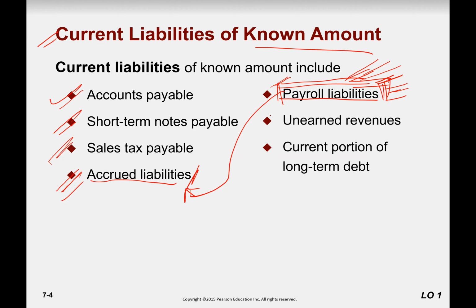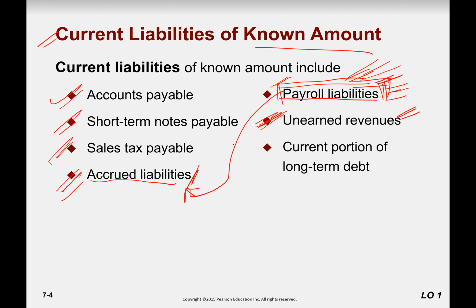And then we have unearned liabilities. We already talked about that in our chapter on adjustment entries. What is unearned revenue? Unearned revenue is when you receive the amount of a sale in advance, but ownership is not transferred to the customers.